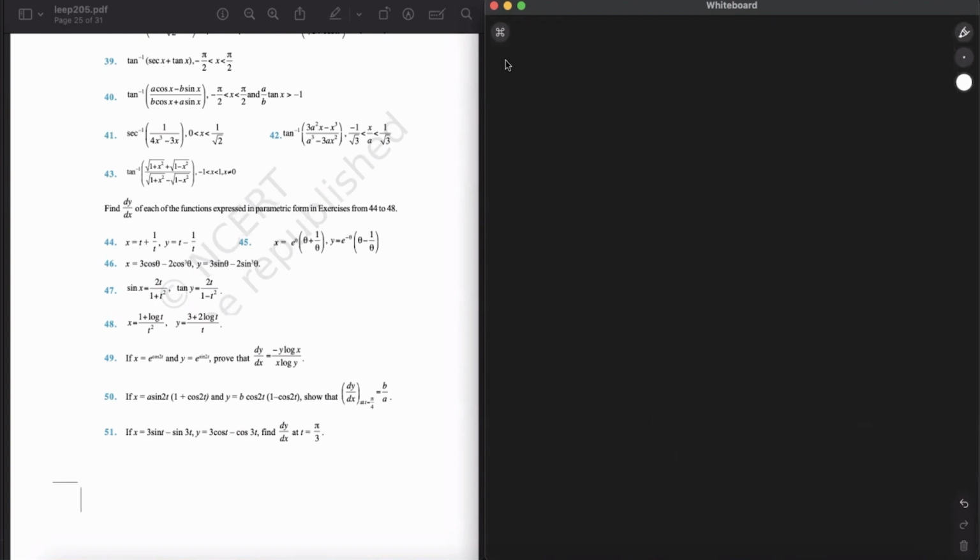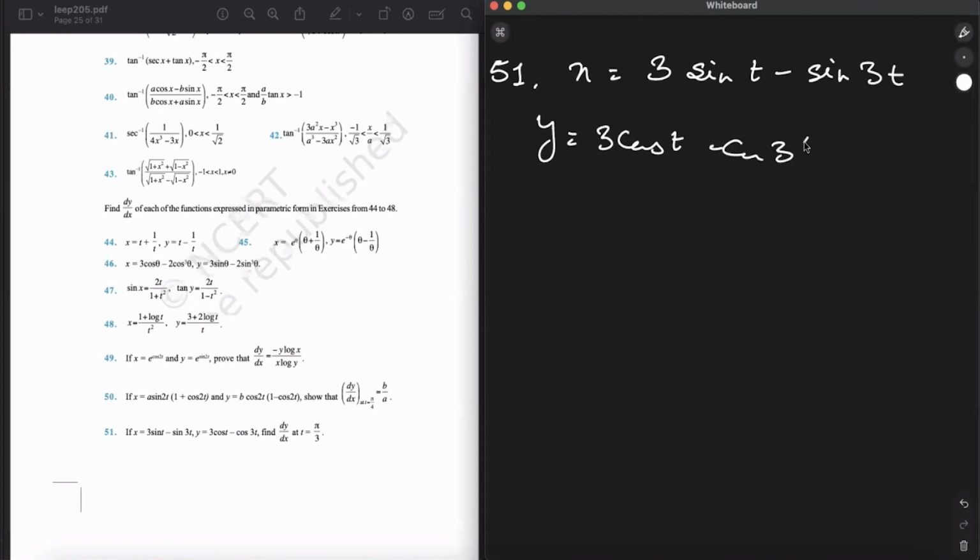Question number 51. If x is equal to 3 sin t minus sin 3t and y is equal to 3 cos t minus cos 3t, then find dy by dx at t equal to pi by 3.